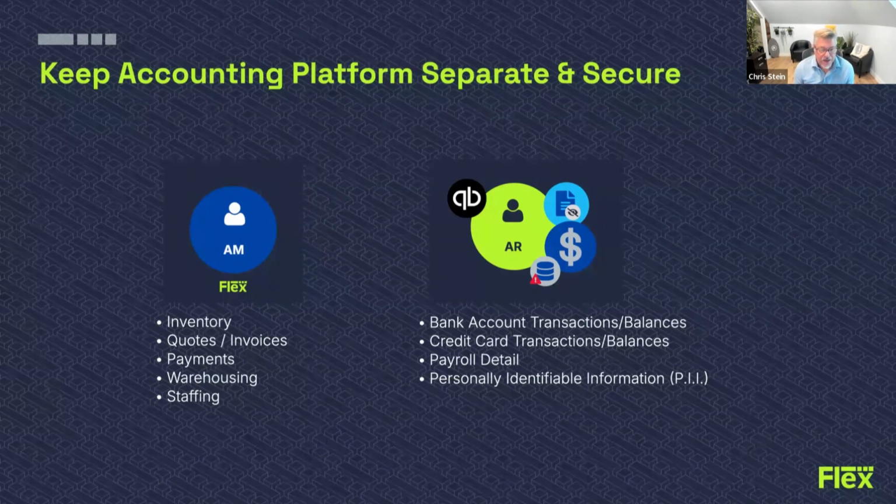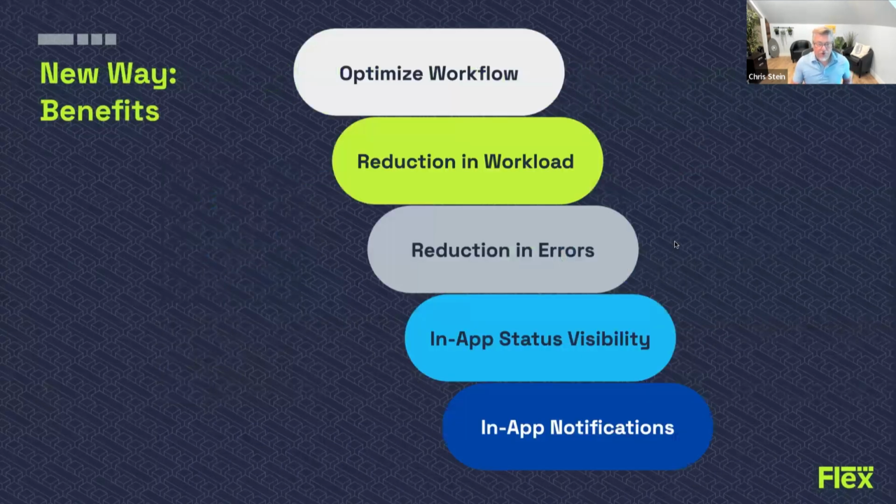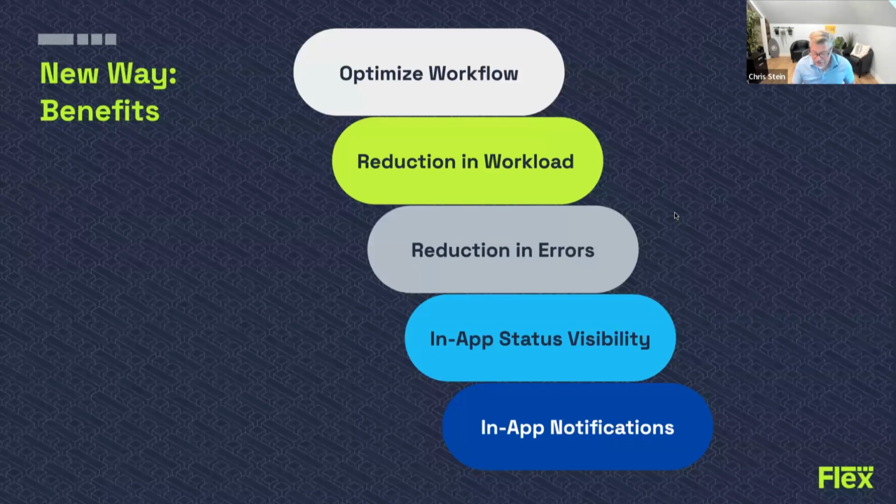We found that is a very broad usage in our industry. So this allows a very simple workflow that we will optimize, reduce the workload on people to duplicate, reduce errors, and we're going to be showing you the in-app status visibility and the notifications.